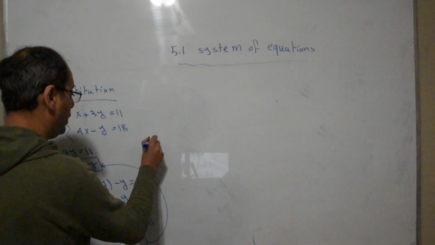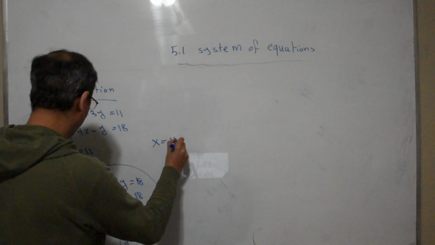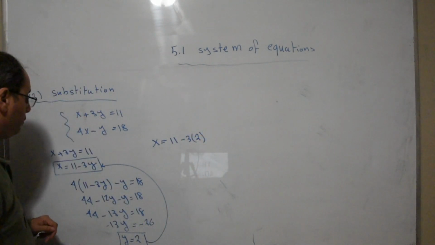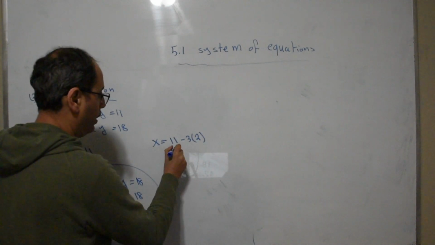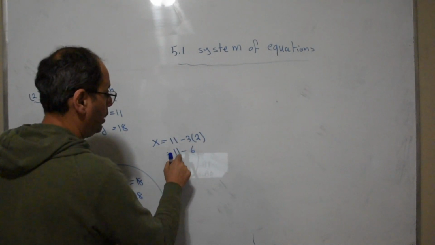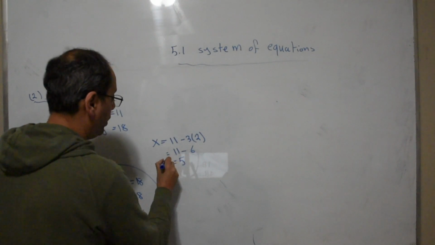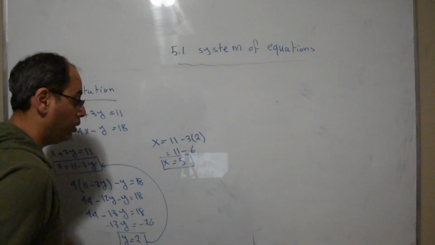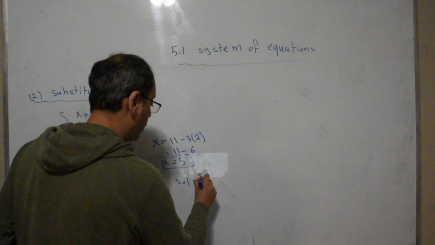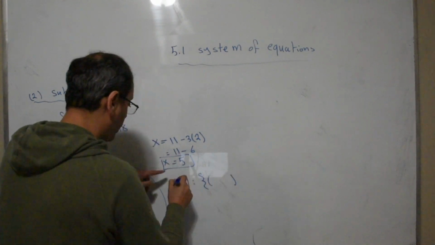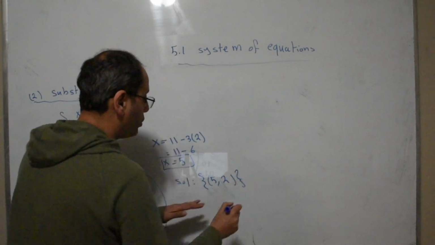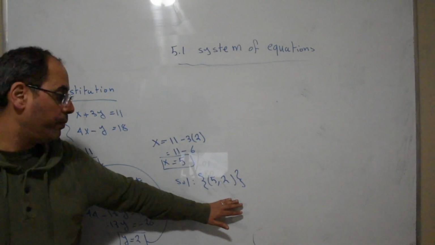So x equals 11 minus 3 times 2. 3 times 2 is 6, so 11 minus 6 is 5. So x is 5. Now, the solution, the ordered pair, is x is 5 and y is 2. You must write the solution in this way.